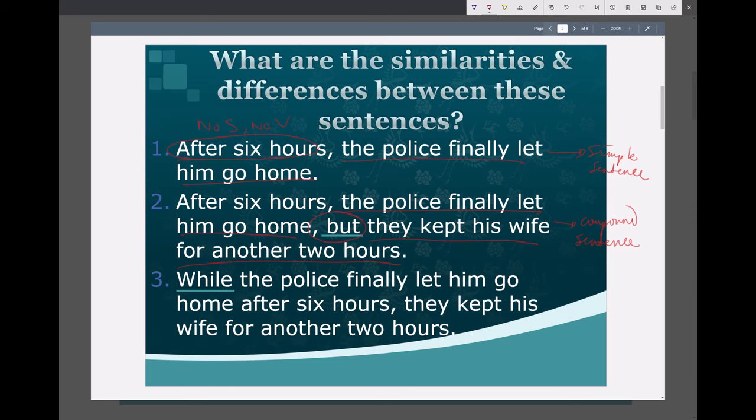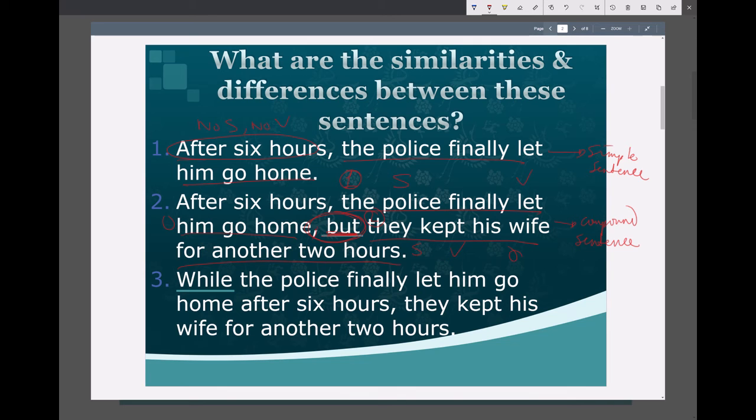And to double check, look at the clauses. The first clause is an independent clause. You have the subject and verb, which can be its own sentence. And the next clause, they kept his wife, subject and verb. And you have object too. So you have two clauses that are independent, joined by, in this case, a comma and a conjunction. So it is a compound sentence.